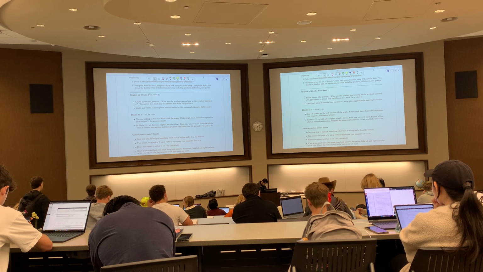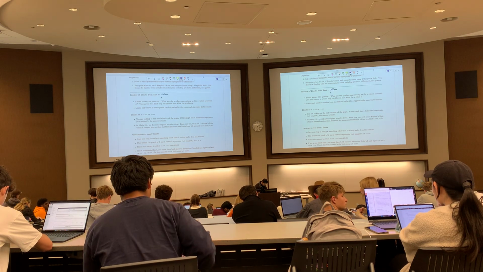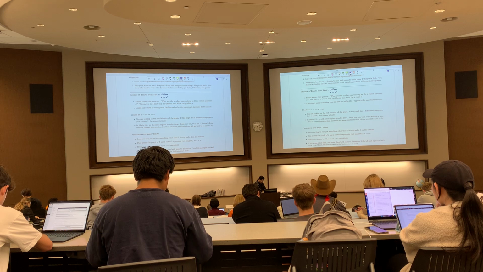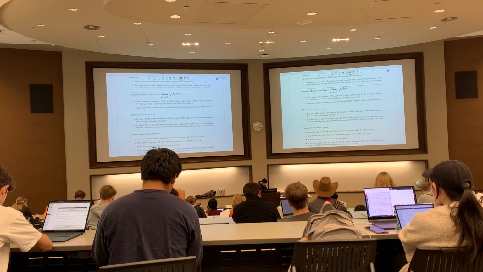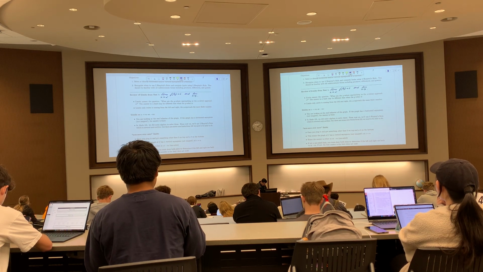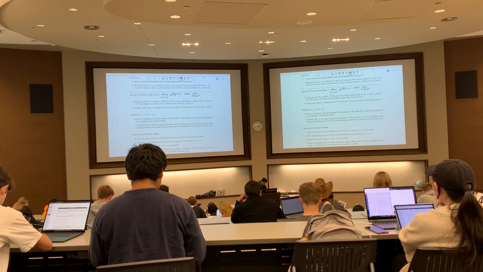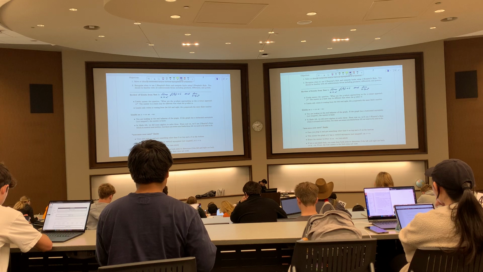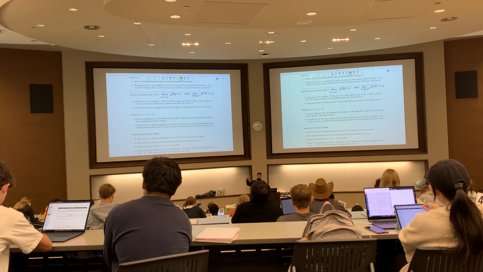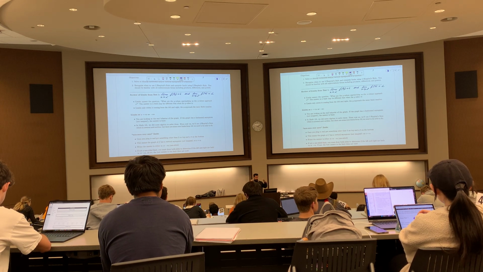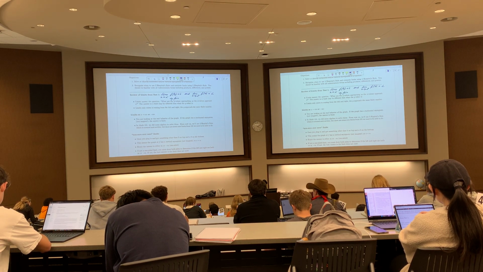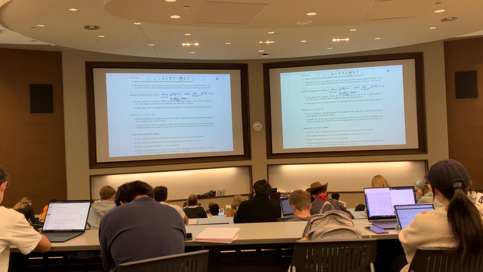Mathematically, we can write this as the limit as x goes to a minus, which means I'm approaching from the left, of f of x equals L, and if I'm approaching from the right, the limit as x goes to a plus of f of x equals L. When that happens, from the left and from the right, if we approach the same finite number, that's when we say that the limit of the function f of x is equal to L.